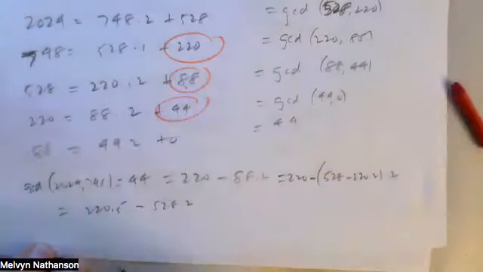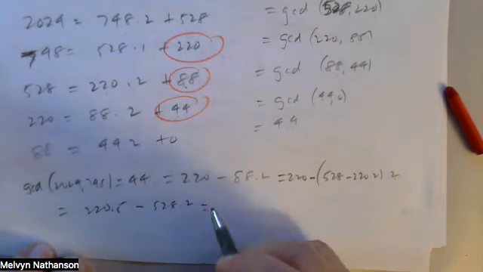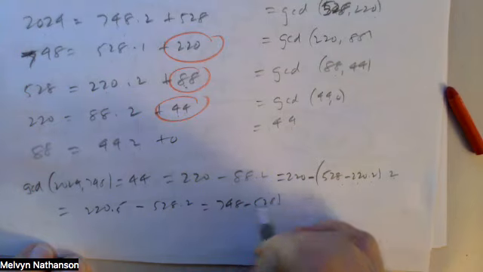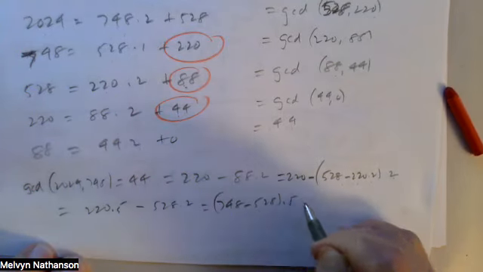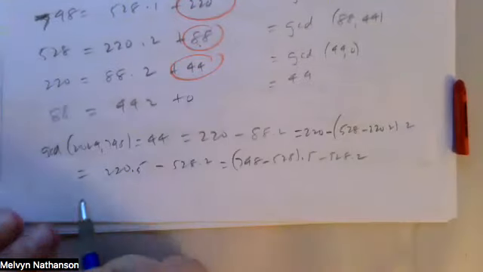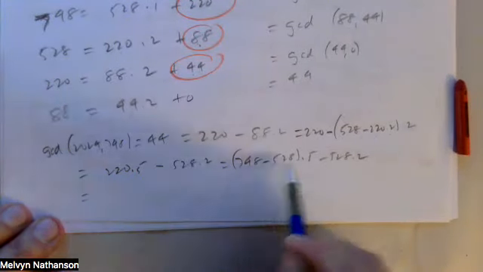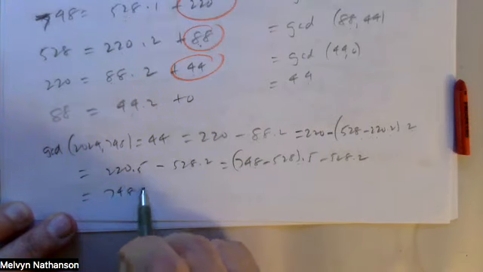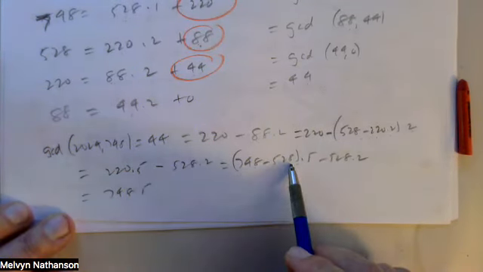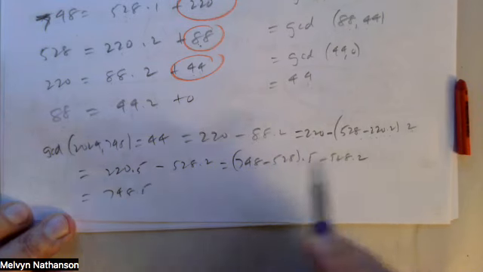But 220 is 748 minus 528. So this is 748 minus 528 times 5, minus 528 times 2. This is 748 times 5 minus 5 times 528 minus 2 times 528.